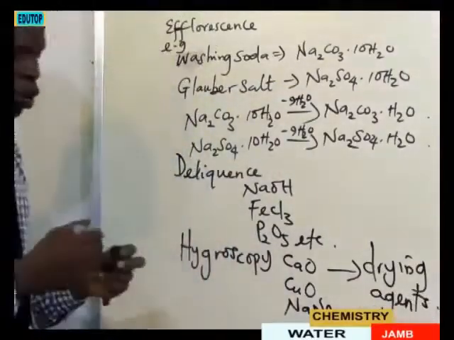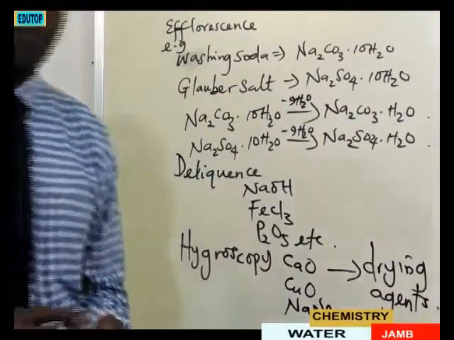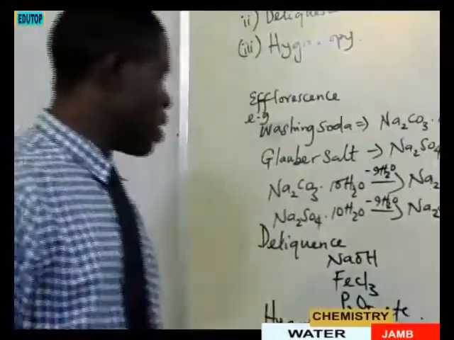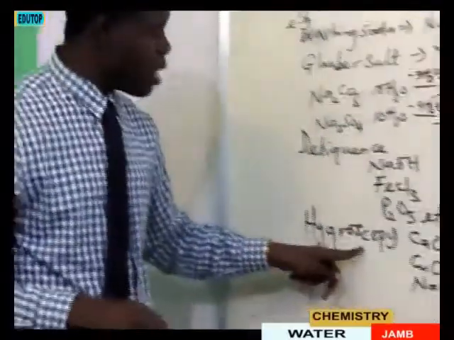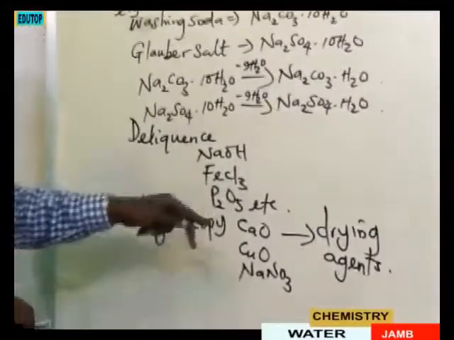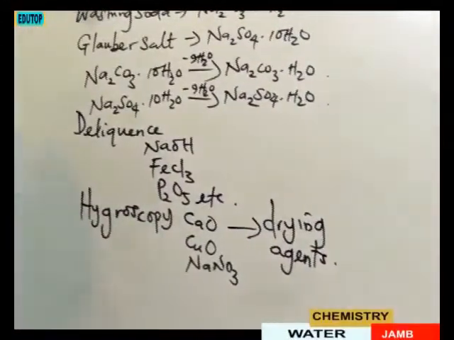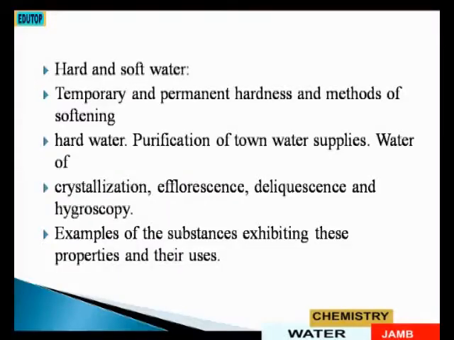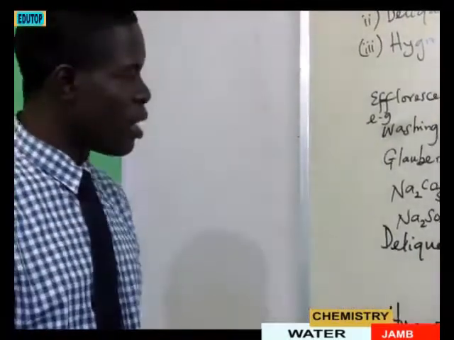Drying agents are those substances that have strong affinity for moisture or water. So that is why a hygroscopic substance is a better drying agent. Then examples of the substances exhibiting these properties, which I have itemized here.